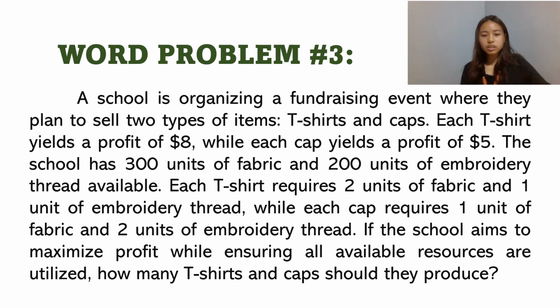Each t-shirt requires 2 units of fabric and 1 unit of embroidery thread, while each cup requires 1 unit of fabric and 2 units of embroidery thread. If the school aims to maximize profit while ensuring all available resources are utilized, how many t-shirts and cups should they produce?